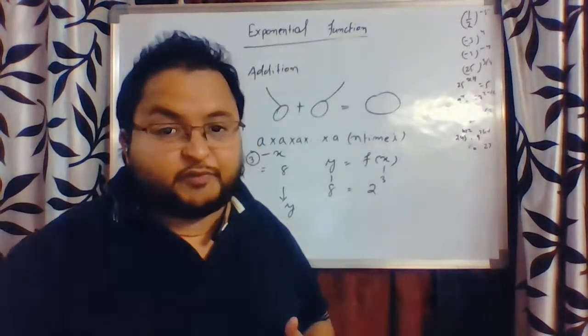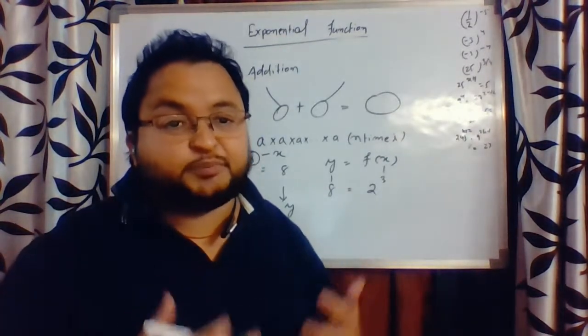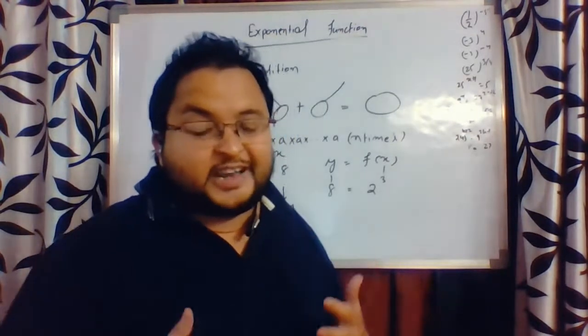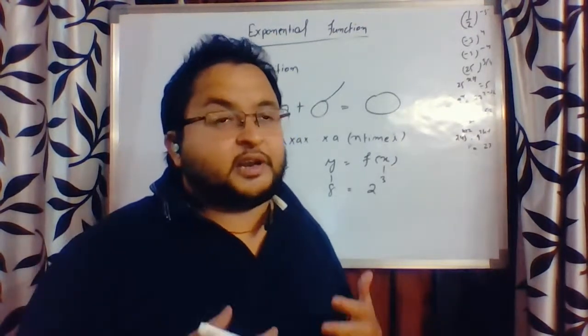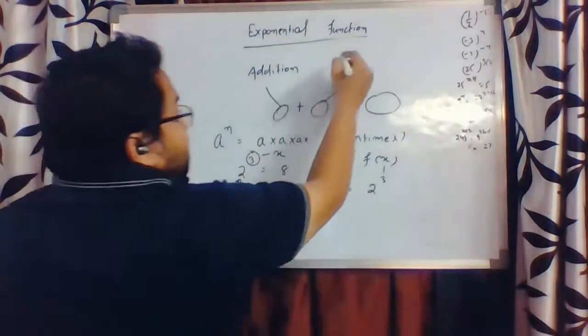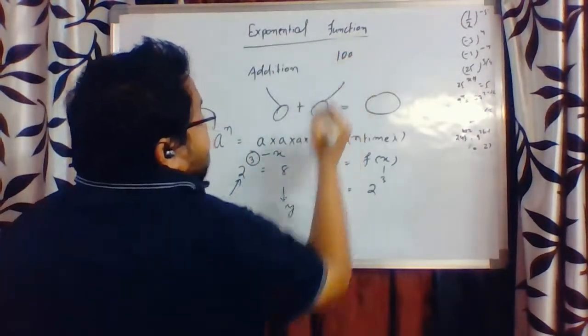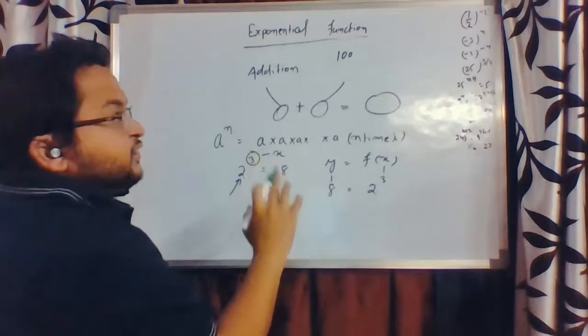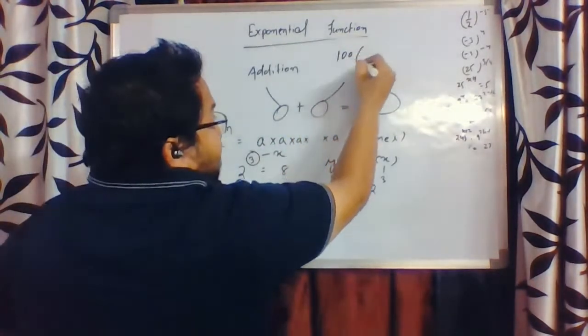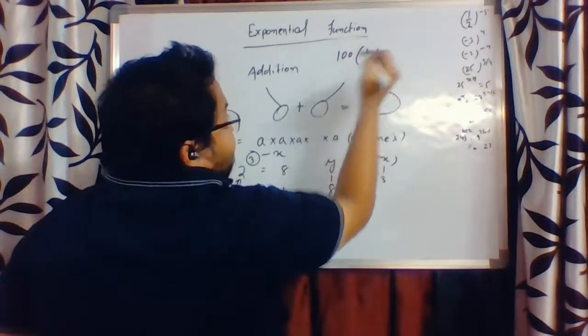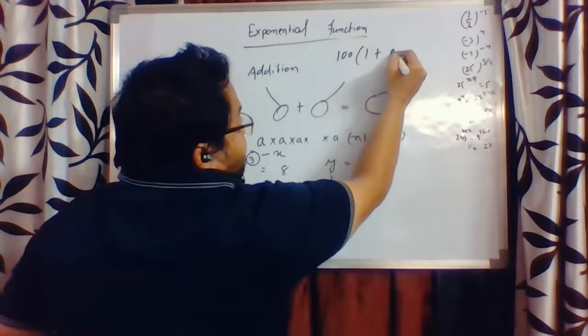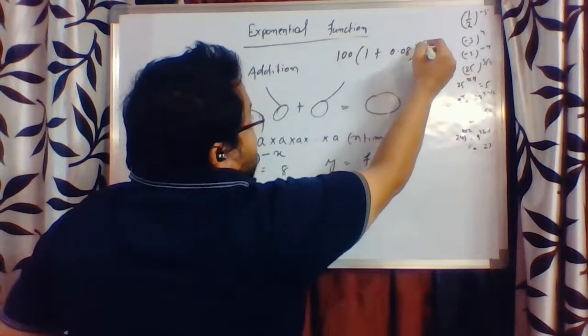For example, we talk about the purchasing power of money and the inflation rate. There we say that if today 100 rupees is able to buy certain things, and if I say our inflation rate is 8%, then it is 1 plus 0.08 to the power n.